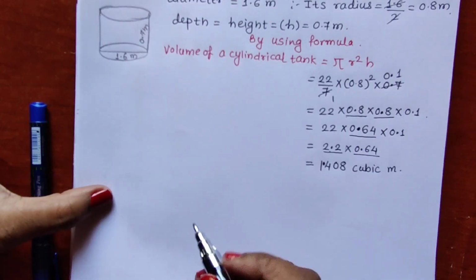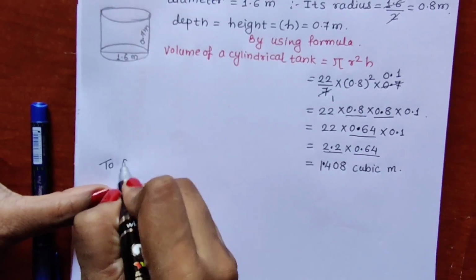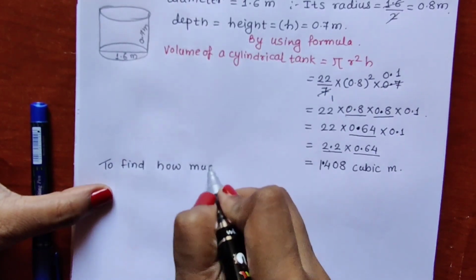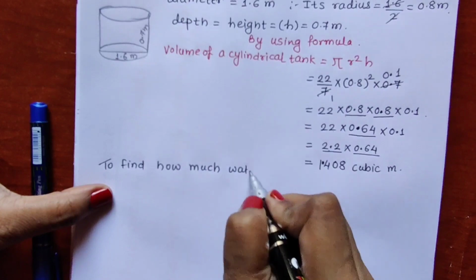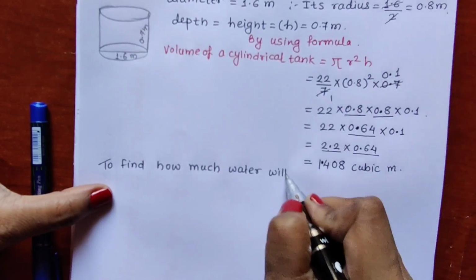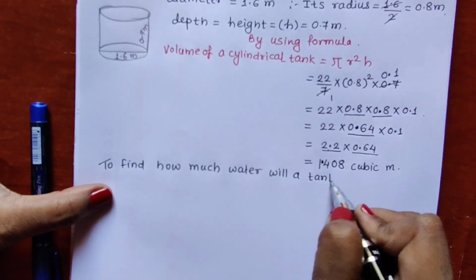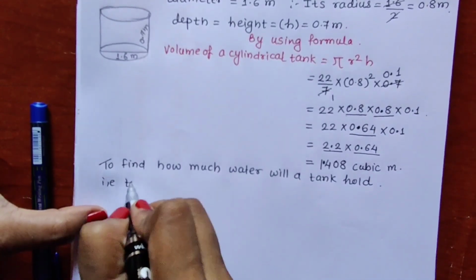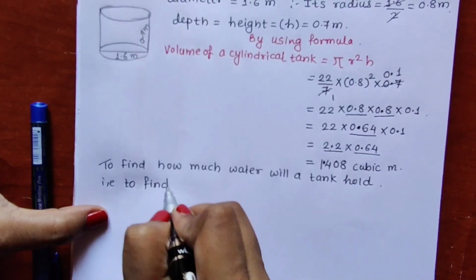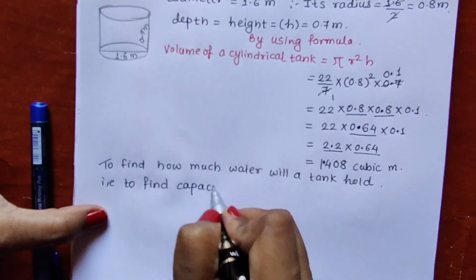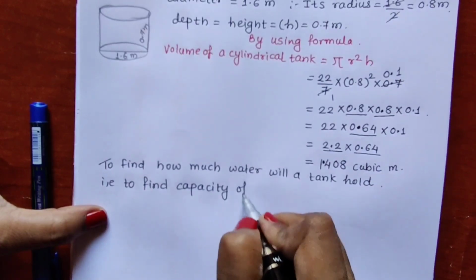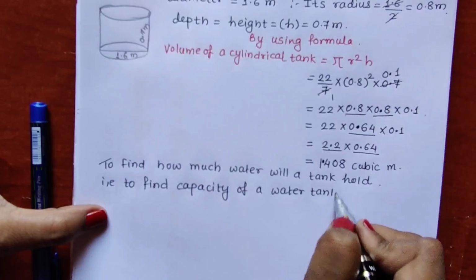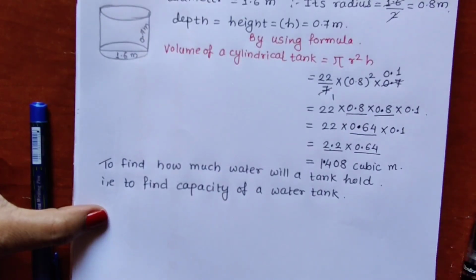I will be writing: to find how much water a tank will hold, that is, to find the capacity of a water tank. Okay, so capacity we always find in liter.